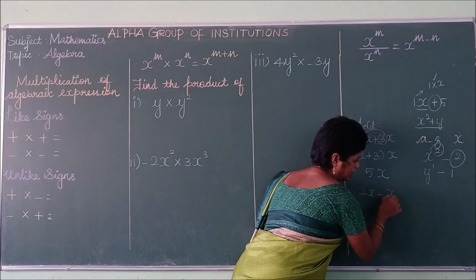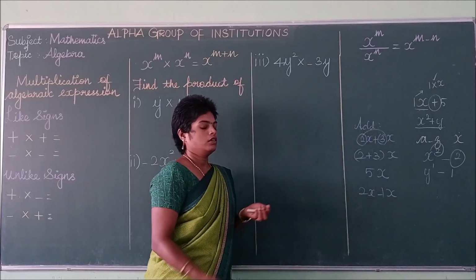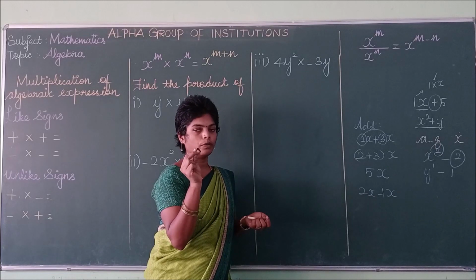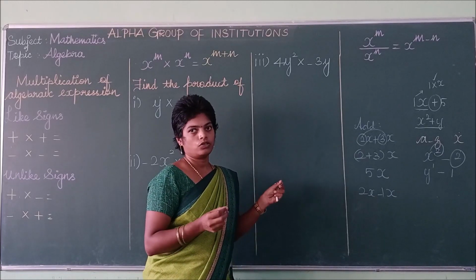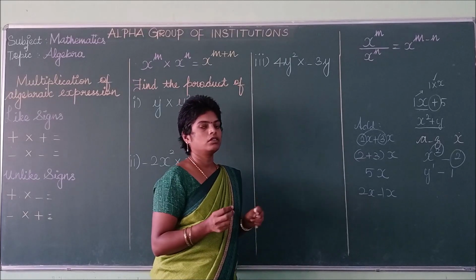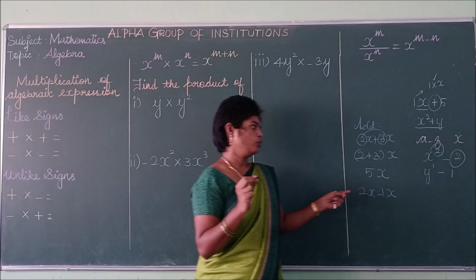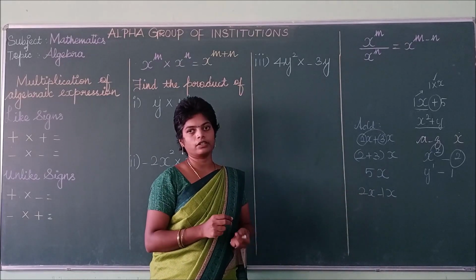2x minus x. Minus x means you have to put 1 before that. So listen, I am having two black chess coins and one white color coin. Here, two black coins and you want to subtract.